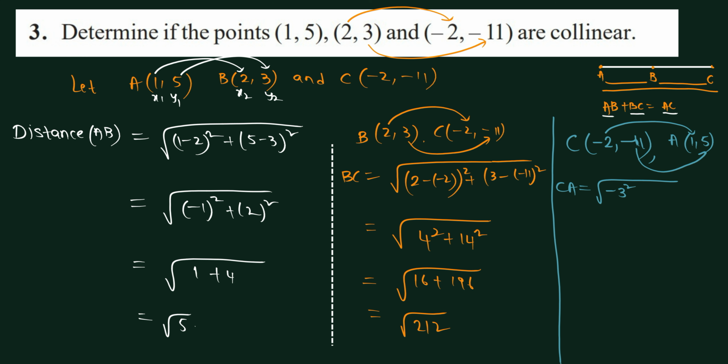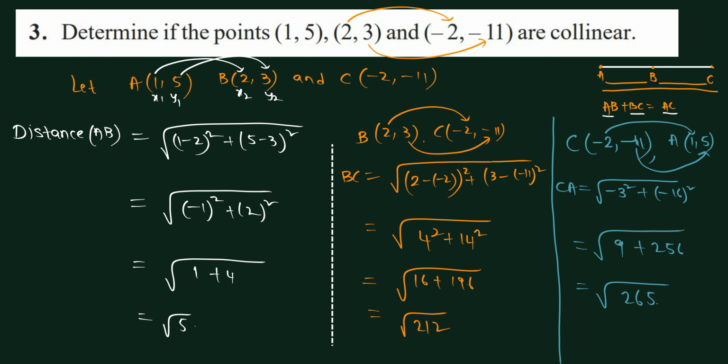Minus 11 minus 5 will become minus 16 whole square. Minus 3 square value is 9, 16 square value is 256. So 9 plus 256 is how much? 265. Root over 265.